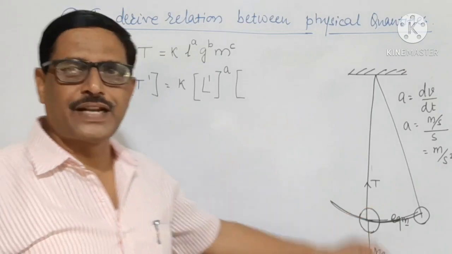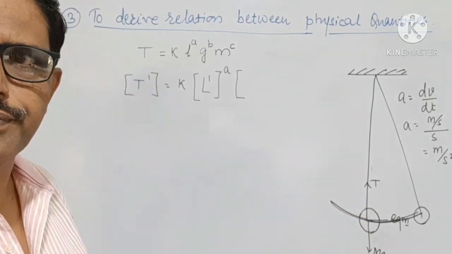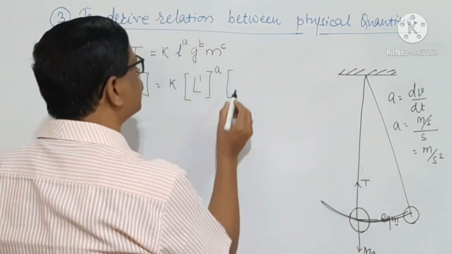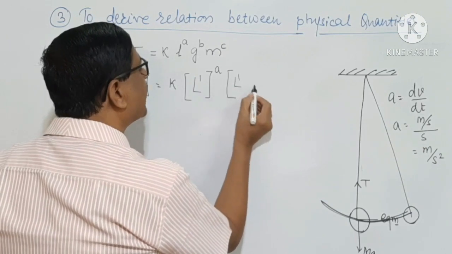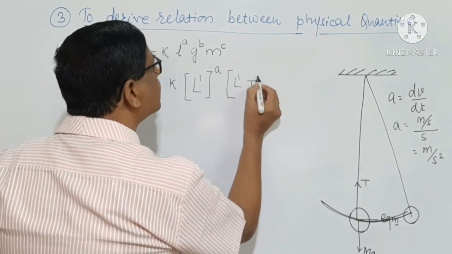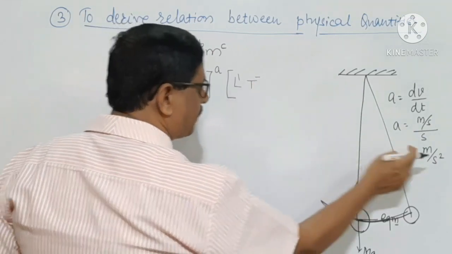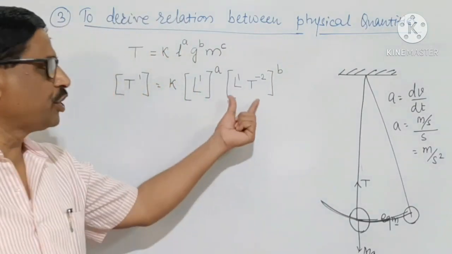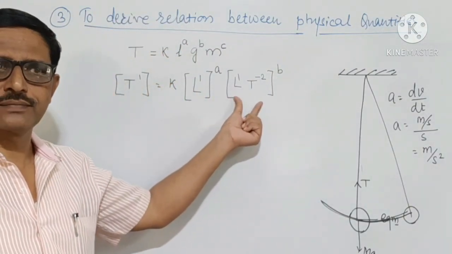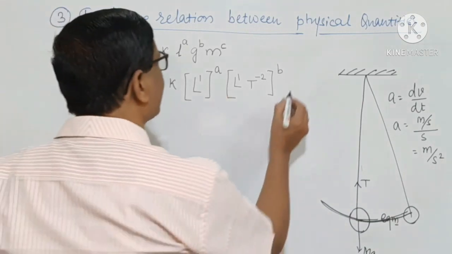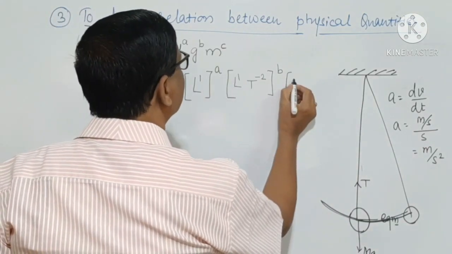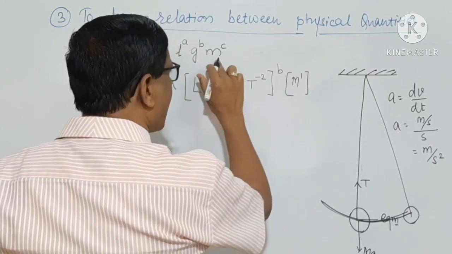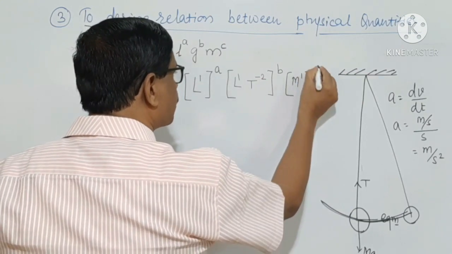If the unit of acceleration is meter per second square, then meter is the base unit of length and t is the base unit of time, and per second square it is t raised to minus 2, all raised to b. These are the dimensions of acceleration. Then mass is measured in kilogram, the base unit is kilogram, here it is alone, single, therefore m raised to 1, raised to c.